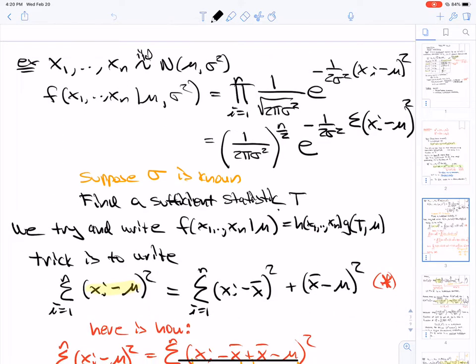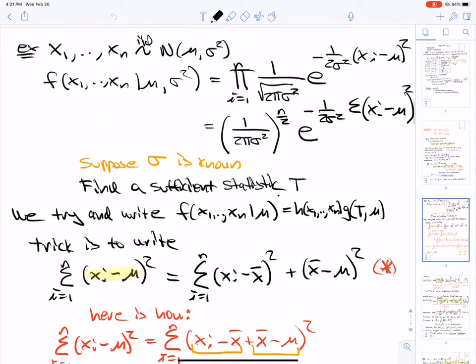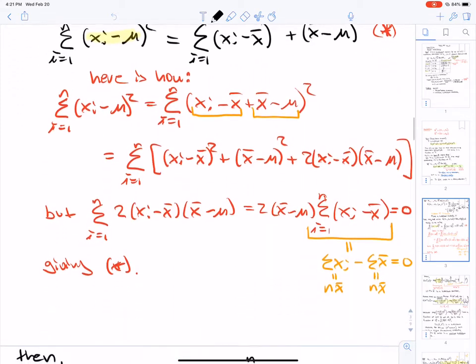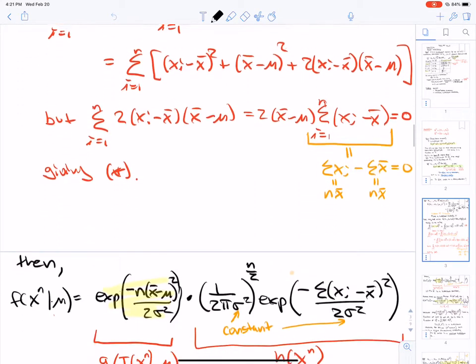So here's another example where x1 to xn are IID normal. We can rewrite this density using some trick that you should take a look at here.